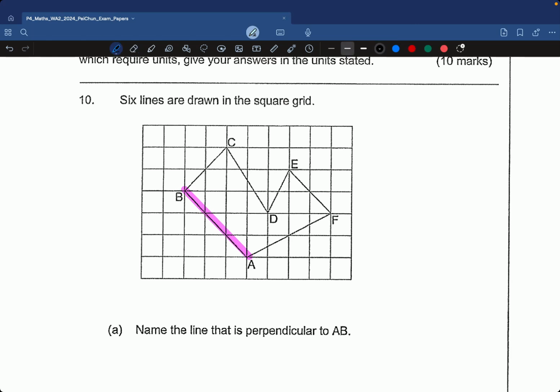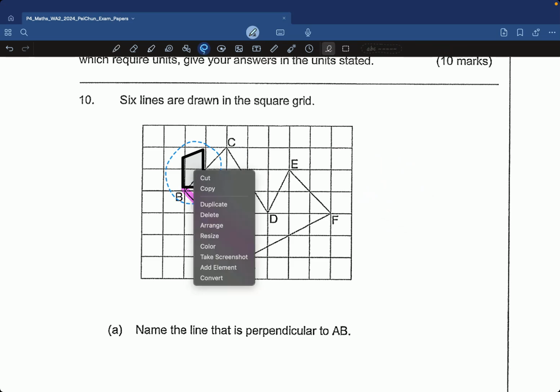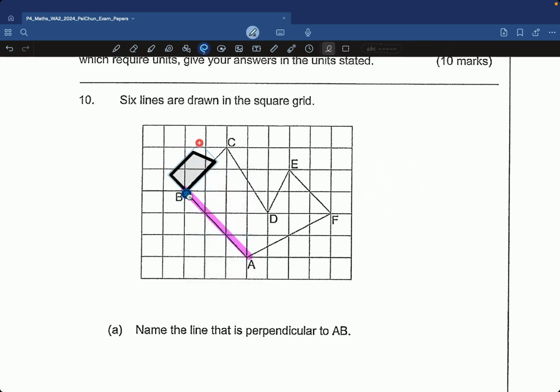What about BC, right? So if you were to use like your ruler, okay, you can use a ruler actually, and measure. Oops, it's not exactly correct, but yeah. So if you use your ruler, then you see that if this is 90 degrees, that BC is 90 degrees, it is.